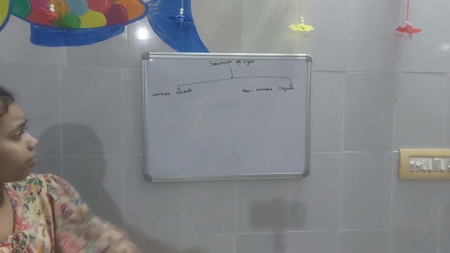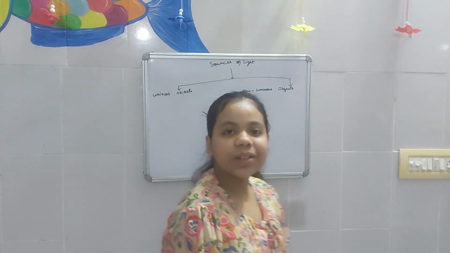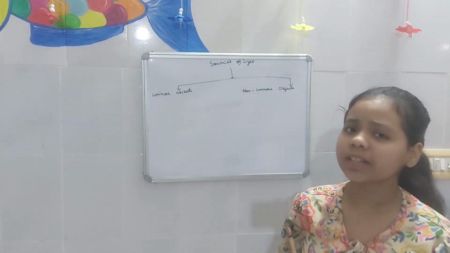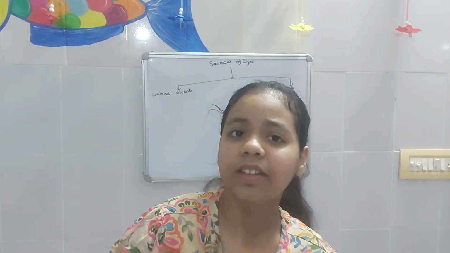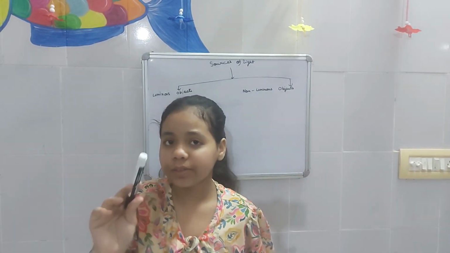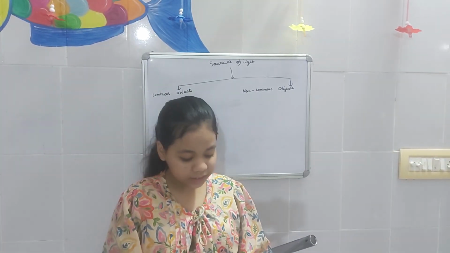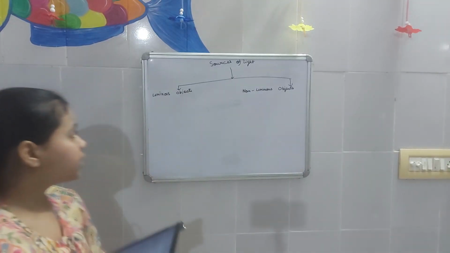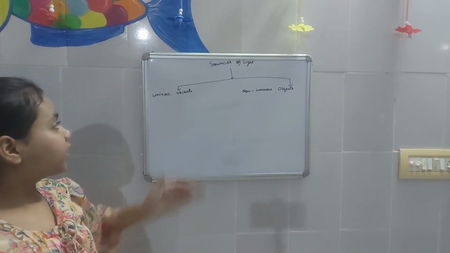So what are luminous objects and non-luminous objects? First, let's discuss. Do not write right now. Just let's discuss what is a luminous object and what is a non-luminous object.